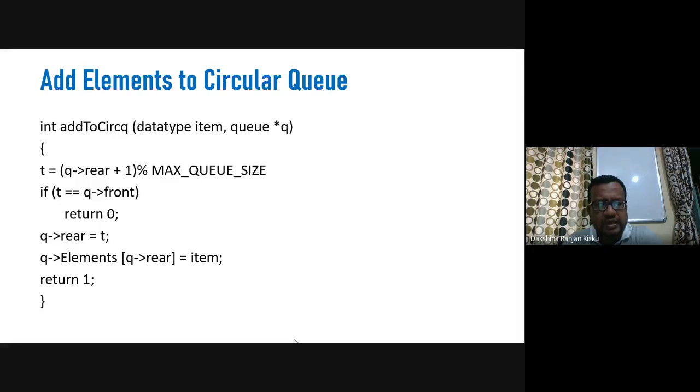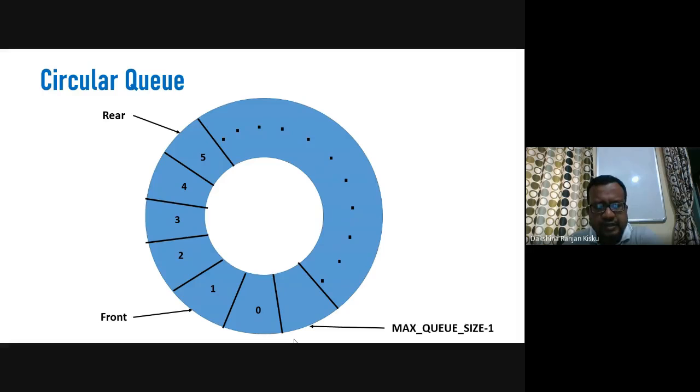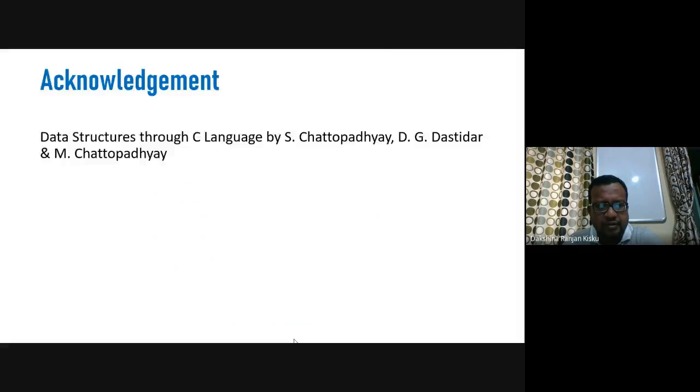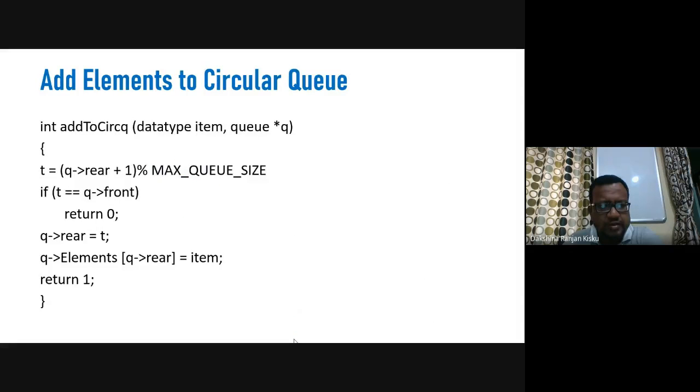That means this index position will refer to the position in the circular queue where the new element is to be inserted. Now, if t is found to be equal to q front, then this function will return 0. So if we see that q front is equal to the index position referred by the neighboring element, then the function will return 0.